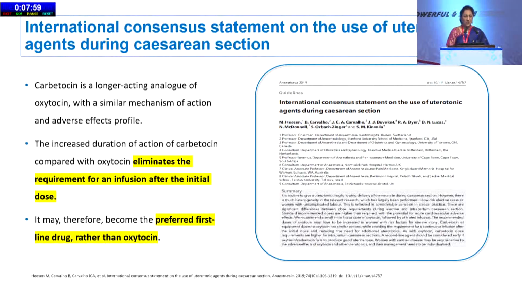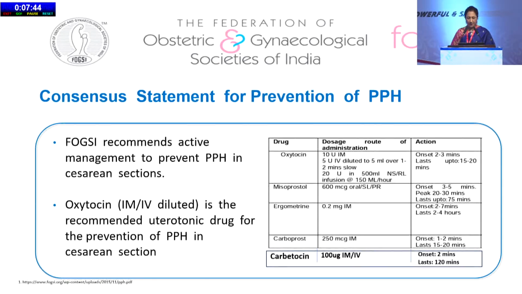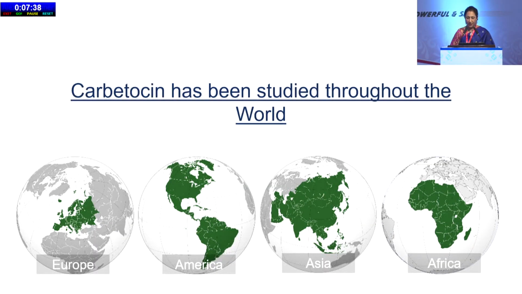Also, the international consensus statement on the use of uterotonic agents during cesarean preferred carbetocin as the first line rather than oxytocin, and this eliminates the requirement for an infusion after the initial dose. FIGO strongly recommends carbetocin for vaginal as well as cesarean deliveries.